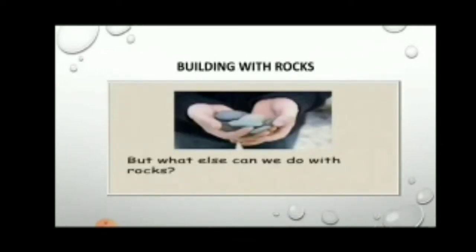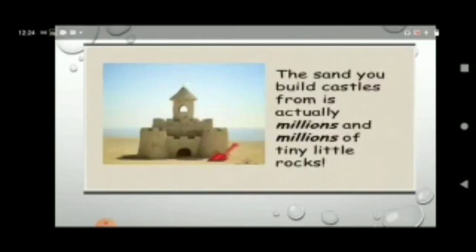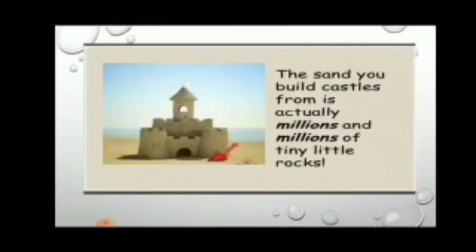What else can we do with rocks? We can build many things with the help of rocks. The sand you build a castle from is actually millions and millions of tiny little rocks.